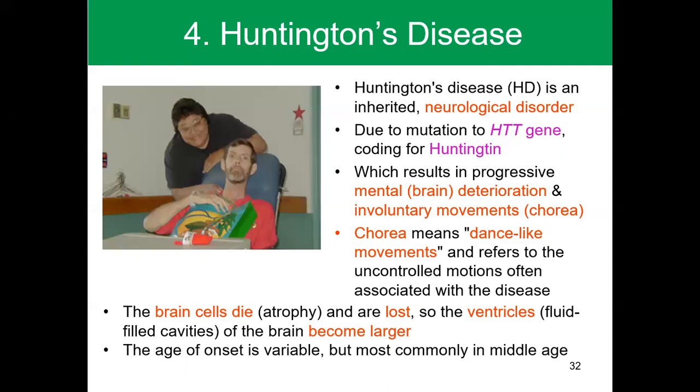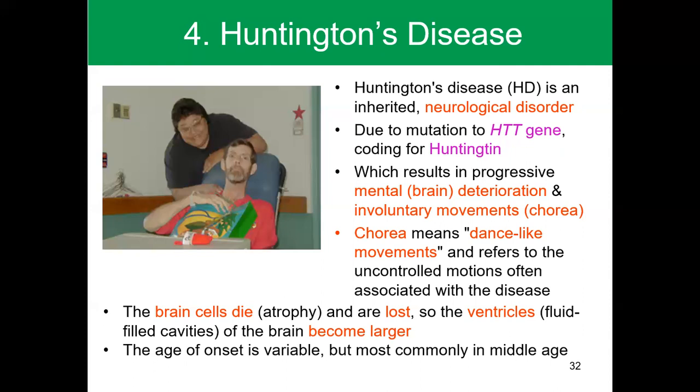So this is the only one that's a protein; the rest of them are proteins too, but some of them are enzymes, some of them are the beta chain of hemoglobin. Okay, this is a protein, not an enzyme, which results in progressive mental and brain deterioration. The brain will deteriorate, okay, and involuntary movement, chorea, will happen to this person because of deterioration of the brain.